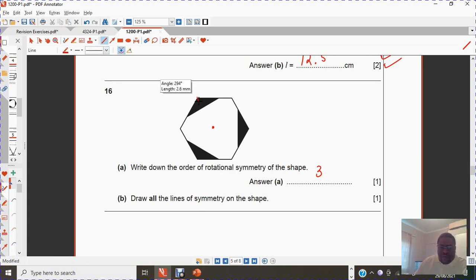If I draw a line from there through here, and you fold it, it will be folded the same. You draw a line from there to there, it will be folded. Again, if I draw a line from there through there, it will be folded. So the lines of symmetry are also 3, as you have seen. Okay.